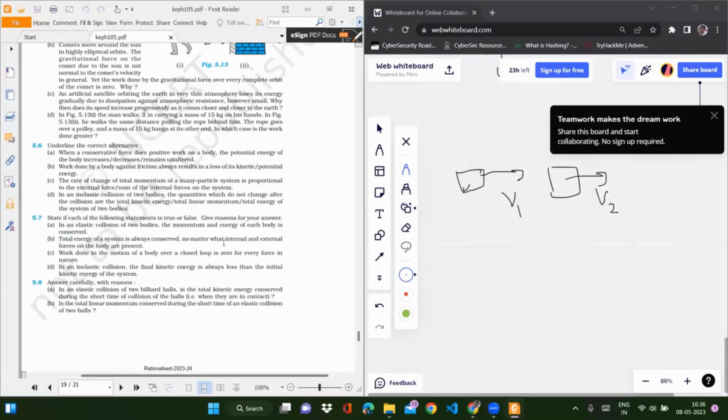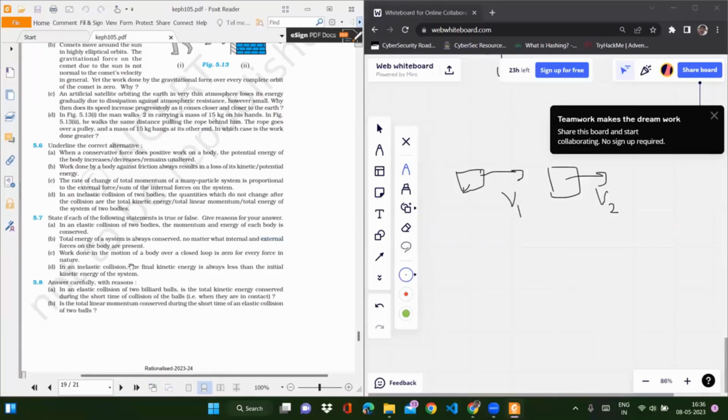But this statement is wrong, as we know that the work done by the external forces gives the change in the total energy. It means the total energy changes due to the work done by the external forces. So this statement is false because of that reason. It is not conserved for the system if there is some external force acting on the system.